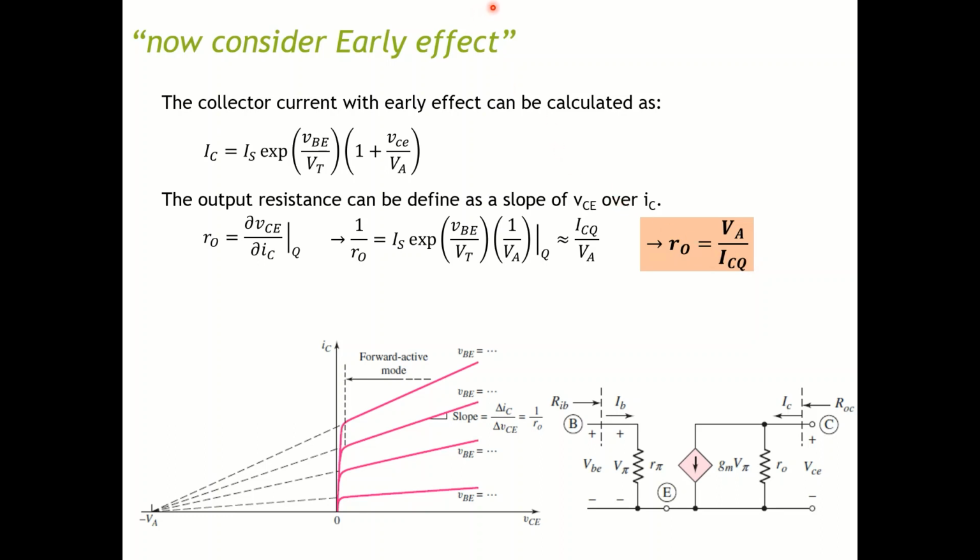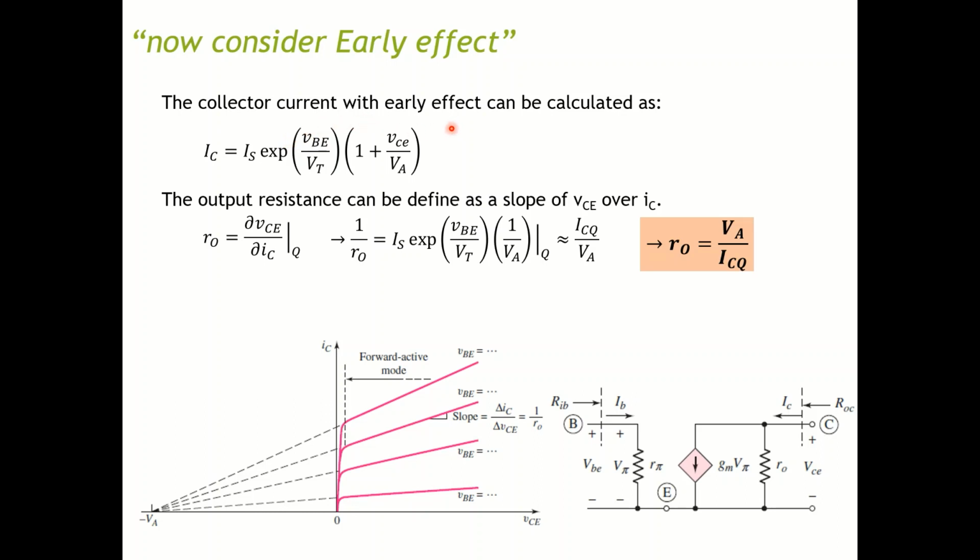So we can get the equation for RO to be VA over ICQ. Something to keep in mind, we have a few parameters in here, for example VA and IS. IS is the saturation current, usually around 0.1 picoampere at 300 Kelvin.